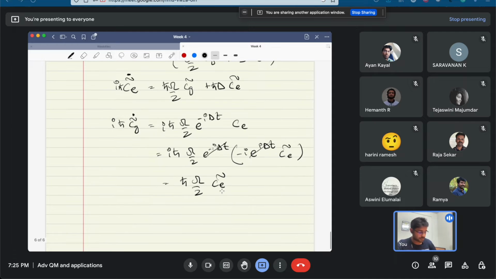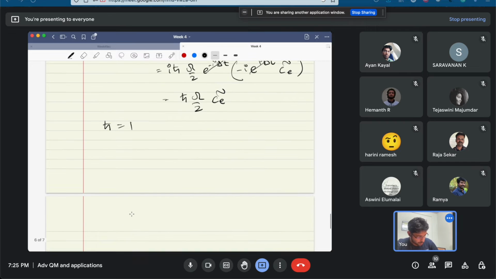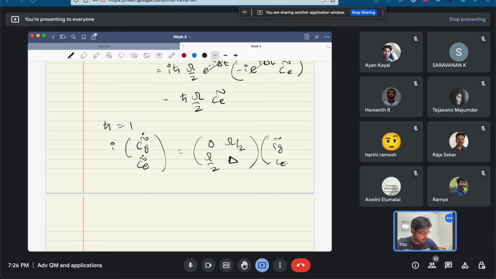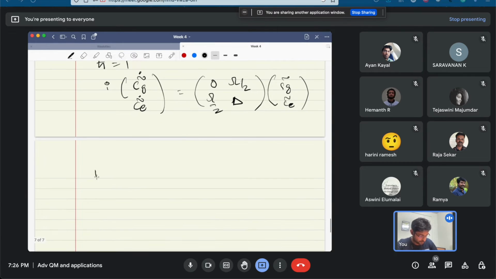So if you, for the moment, ignore all the h bars, in the simplest expression you have your dots given in the form 0, omega by 2, and delta. And you know, for this part the Hamiltonian is very straightforward.